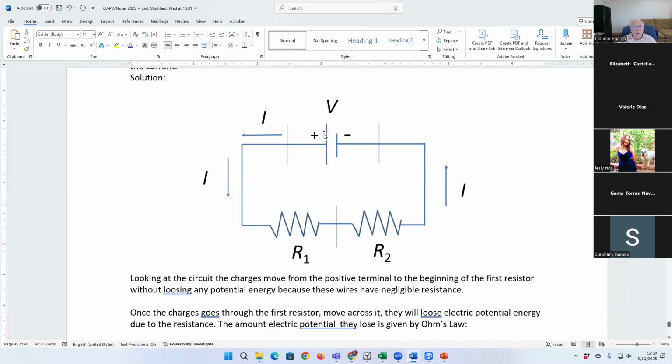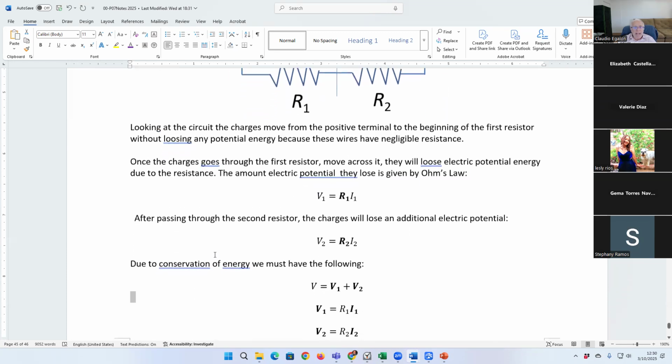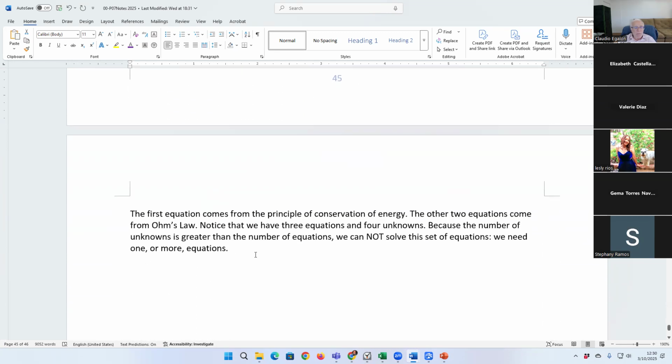Because you must have conservation of electric charge, okay? The number of electric charges that pass per unit of time here must be equal to the amount of charge that passes through this point and this point. The current through resistor 1 and through resistor 2 must be the same as the current coming out from the battery, okay? So now we can get another equation.